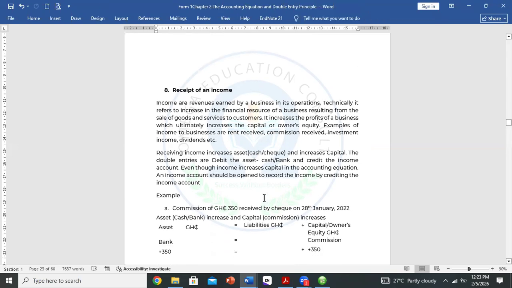So you would credit capital, and it's also going to increase your asset. So if you are comparing income and expense, look at it this way. Income increases asset and also increases capital. But expenses decrease asset and they also decrease capital. Okay.